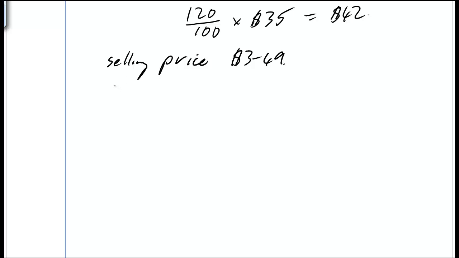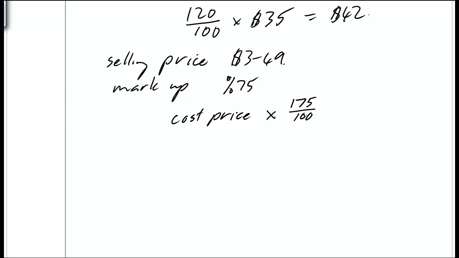So say the selling price of something is $3.49, maybe for a loaf of bread or something. And it marks everything up. The markup is 75%. Now, when we want to work out what the cost price is, the cost price times 175 over 100, because it's 75%, equals $3.49.